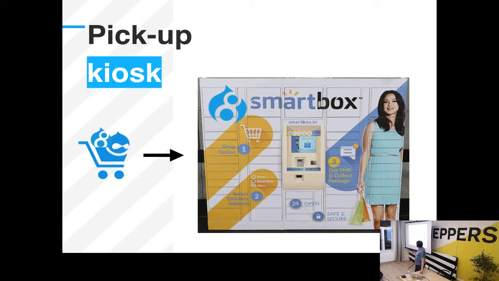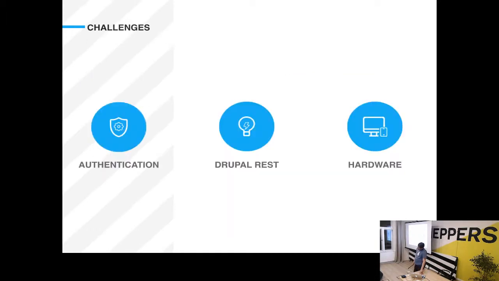I really tried to create an application for this kiosk to communicate with an e-commerce solution, and I went through some challenges. The first was authentication, then Drupal REST, and in the last place hardware.